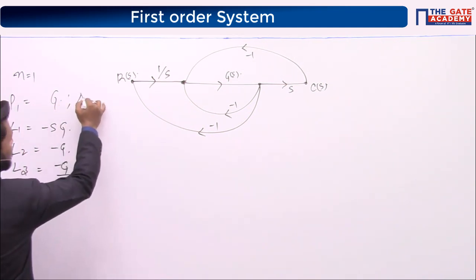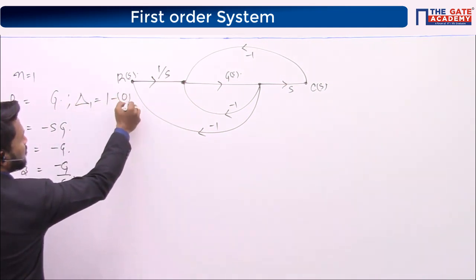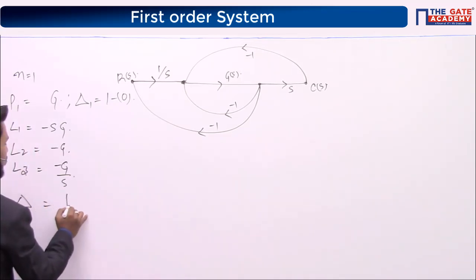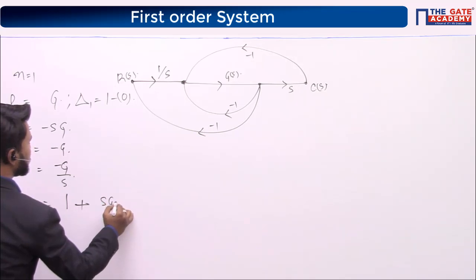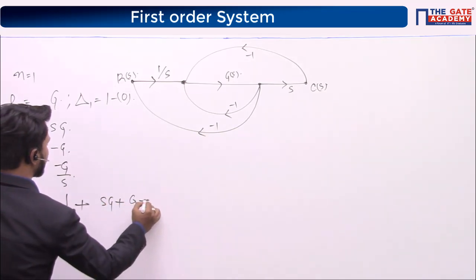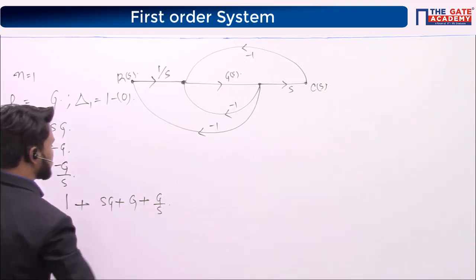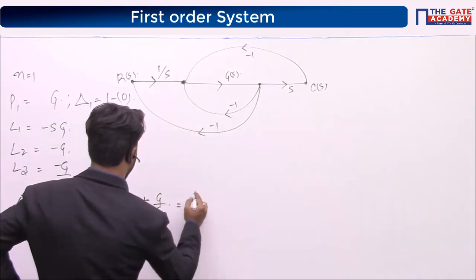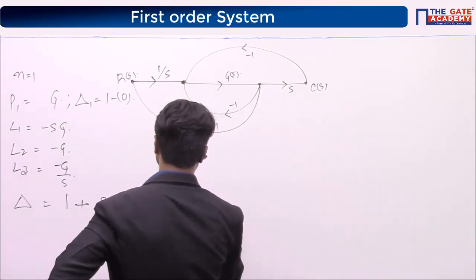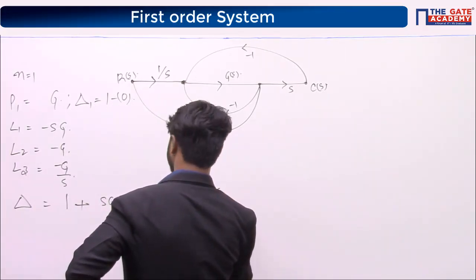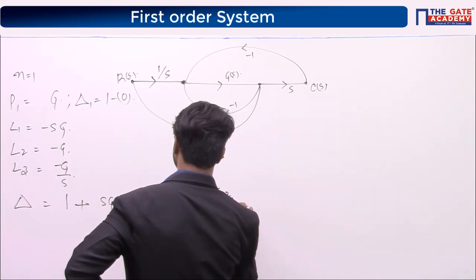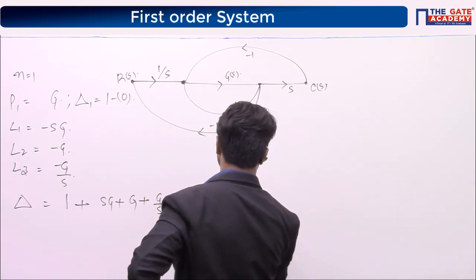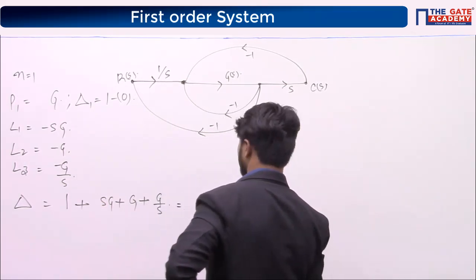Delta 1: there are no non-touching loops to the first forward path, therefore delta 1 is simply 1. Look at delta. Delta is equal to 1 plus SG plus G plus G by S, right? So this is delta. So obtain delta completely, that is, you will get G in common, G into S square plus 1, S square plus S plus 1, it is G by S plus 1, right?